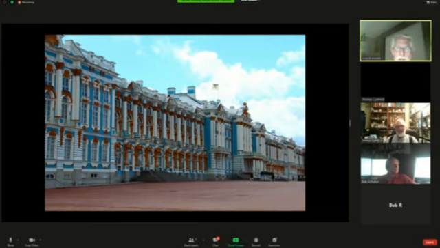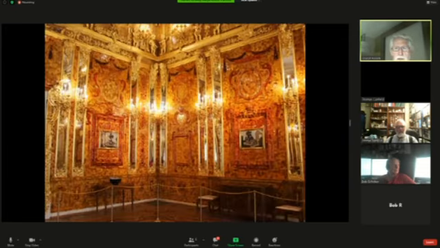And she liked the amber room so much she had it moved from the Winter Palace in St. Petersburg to here at a place called the Tsar's Village, Tsarskoye Selo, where the Catherine Palace was built, as you see pictured here. And in here, then, is this amber room, brightly lit with the lights, which, of course, in those days were candles. So the lights are today still shown as candles, even though they're electric. So that's the history of that region that amber played a very big part of.